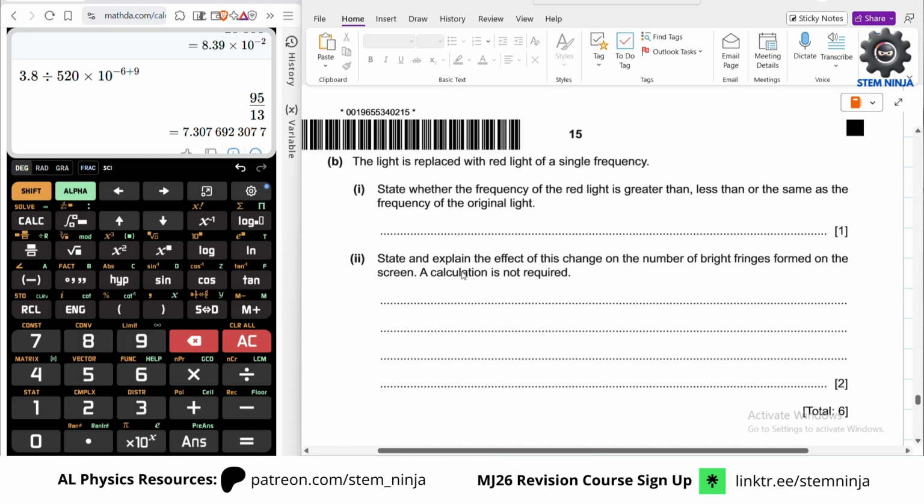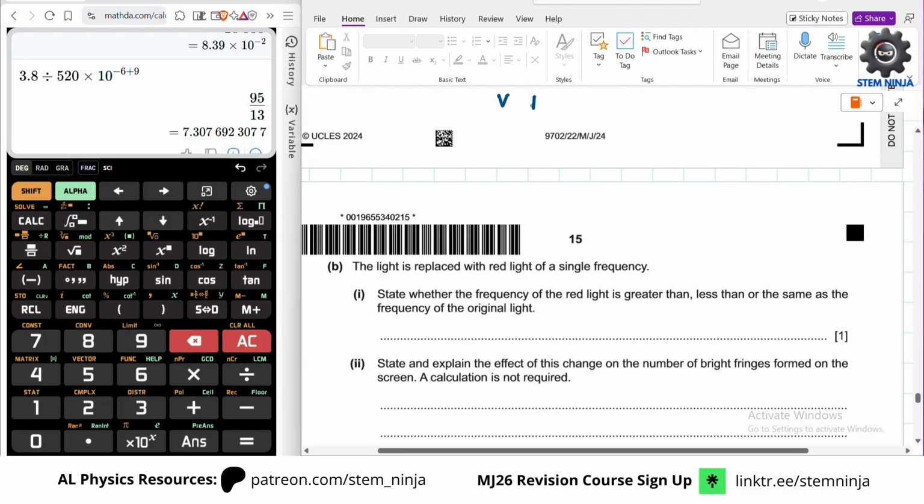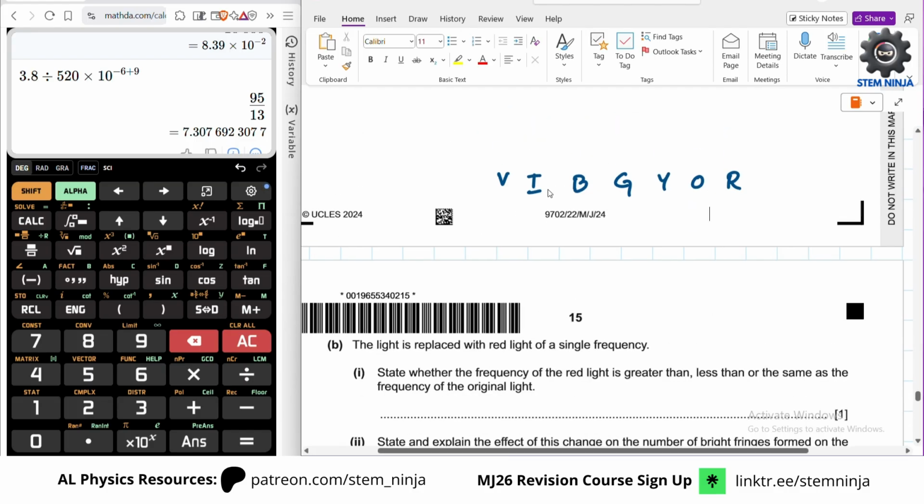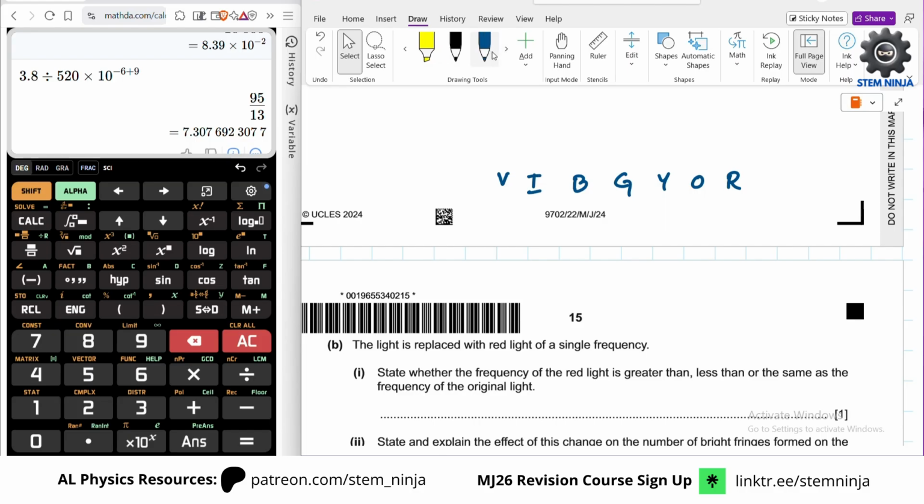The light is replaced with red light of a single frequency. State whether the frequency of the red light is greater than, less than, or the same as the frequency of the original light. Right, so we know this visible spectrum sequence, and we know the wavelengths also. So this starts with 400, 450, 500, 520, 550, 600, 650, 700.